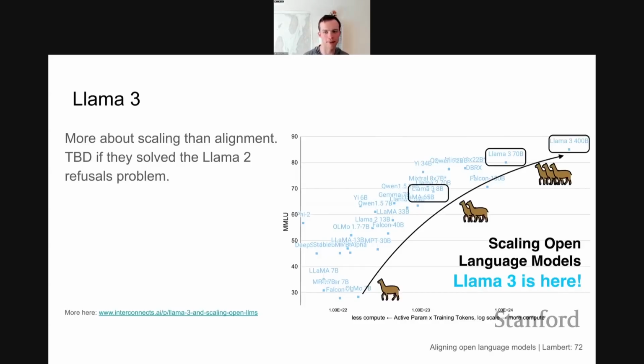But so long as scaling is continuing to happen in the open ecosystem, it just means that more players are going to stick around. And in some ways, it feeds back into itself, where Llama 3 is rumored to have, or they're training, a 400 billion parameter model, which we're not 100% sure that the weights will be released, but it seems like that's Mark Zuckerberg's intent.